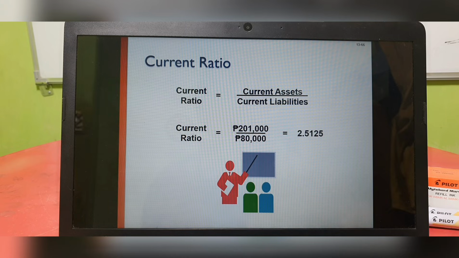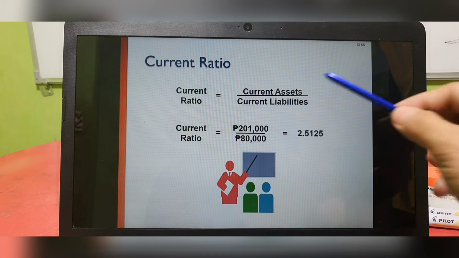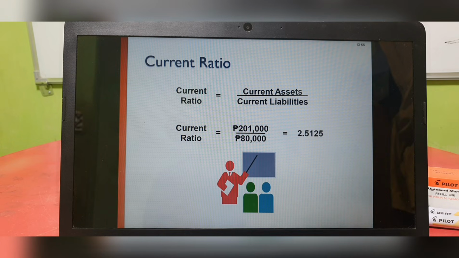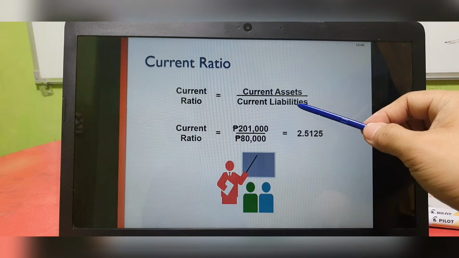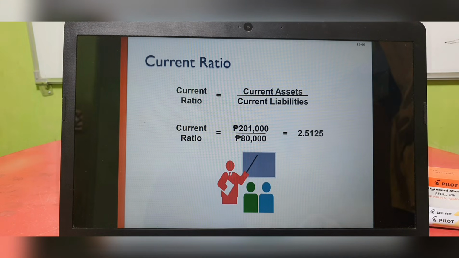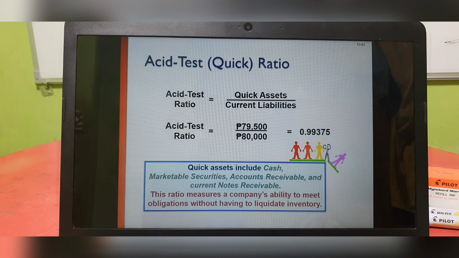So, dapat ang ibabayad natin sa kanila or generally, ang ibinabayad natin ay cash. Kaya naman, may worry tayo ng konti sa ibang current assets. For example, inventory. What if hindi mabenta agad ang inventory or hindi agad ma-liquidate into cash? So, the problem would be, baka hindi natin ma-settle yung current liabilities natin.